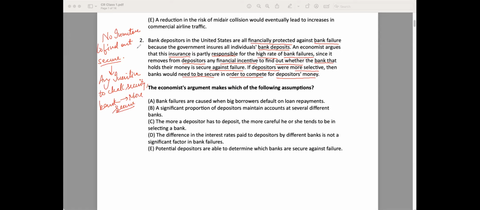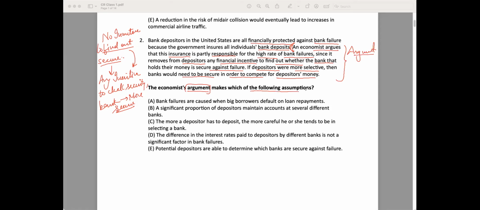So there is no incentive to find out whether the banks are secure or not. If the depositors were choosy, more selective, then the banks would also try to be more secure to compete for the money. That's the argument. So the economist's argument starts from here. The economist argues so and so. This is the entire argument by the economist.